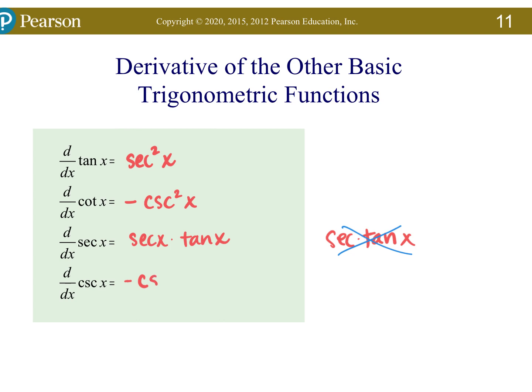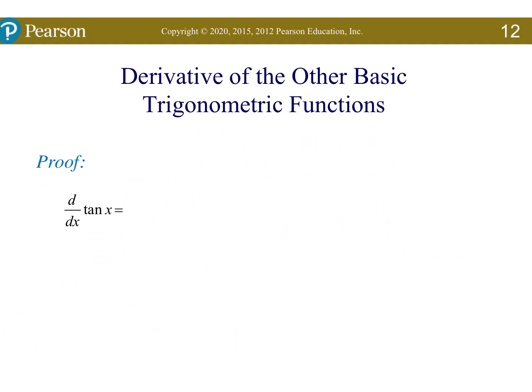Negative cosecant x times cotangent. It is. Yep, there you go. It's the co for both of them. So the derivative of cosecant x is negative cosecant x times cotangent x. So now you know all 6 trig derivatives, and I'll show you why those are on the next slide. Any questions so far? Okay.